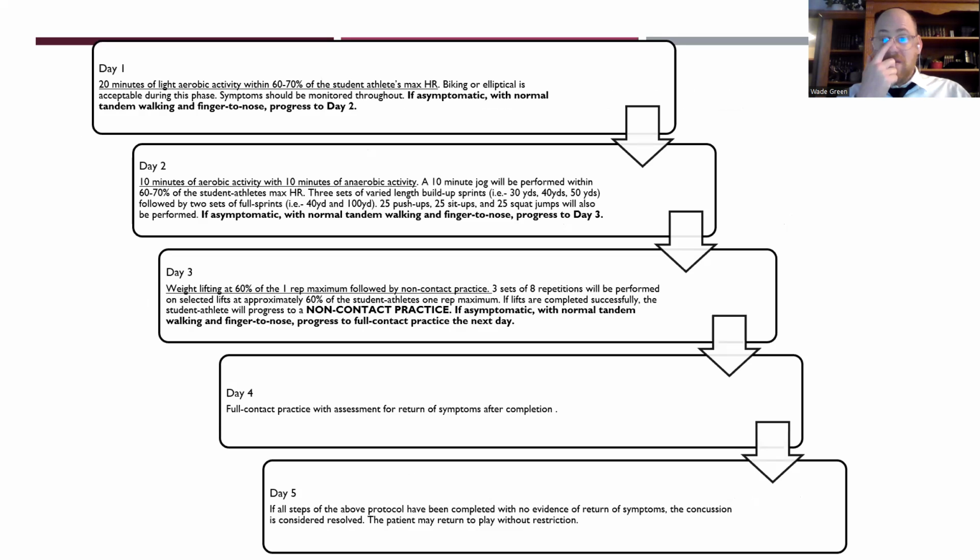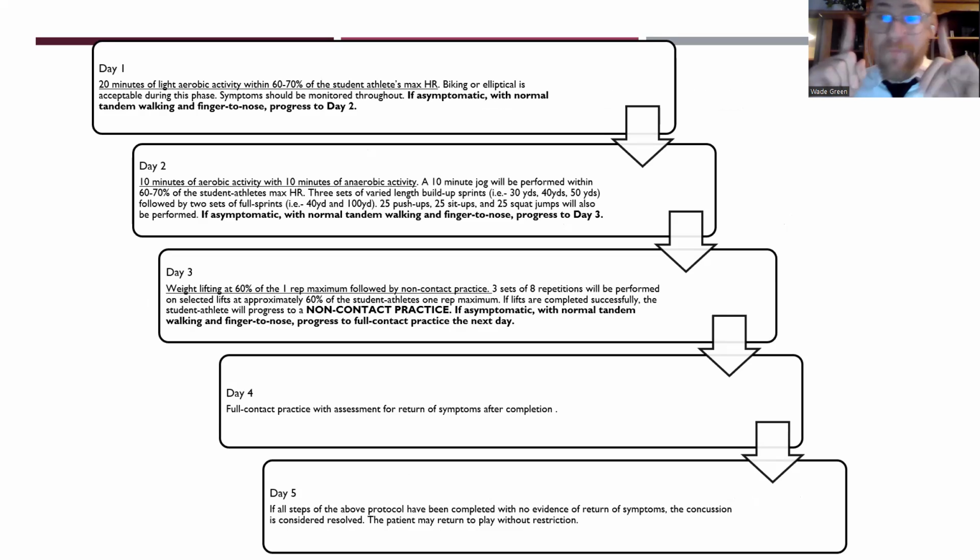Here's an example of a return to play progression. This is what we used, still in step with the guidelines that we're still using today. So day one, what did we do? We established the student athlete's max heart rate, and remember, by this point they were asymptomatic.